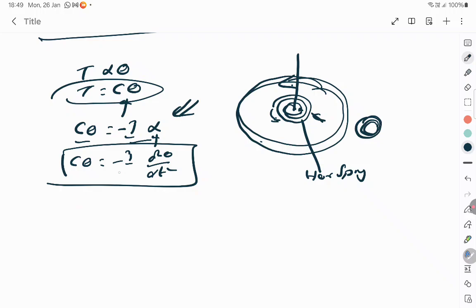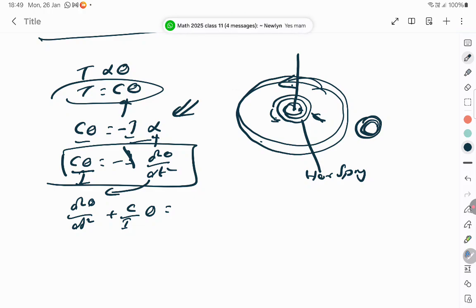You can bring the I down, and take everything to one side: d square theta by dt square plus c by I into theta is equal to 0, and that will be a differential equation.